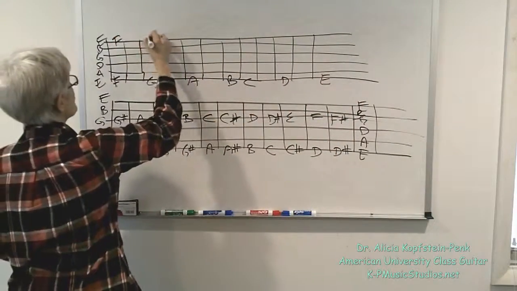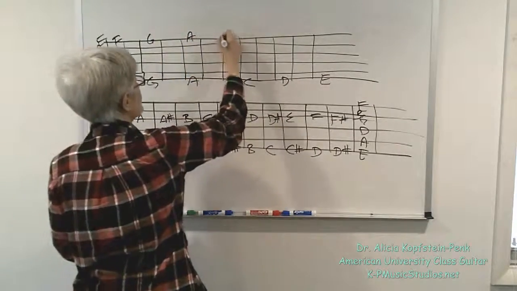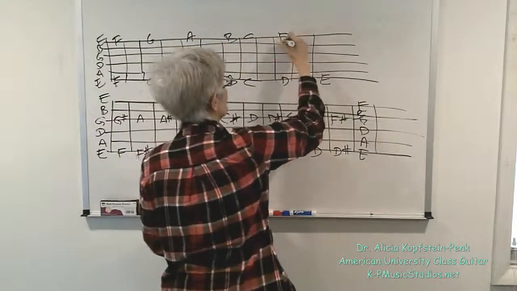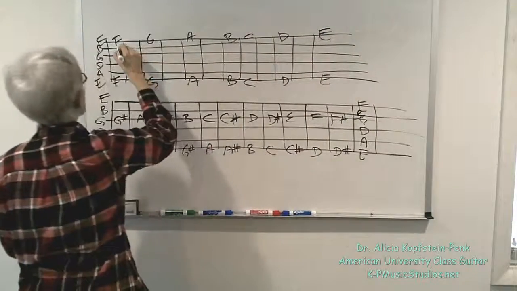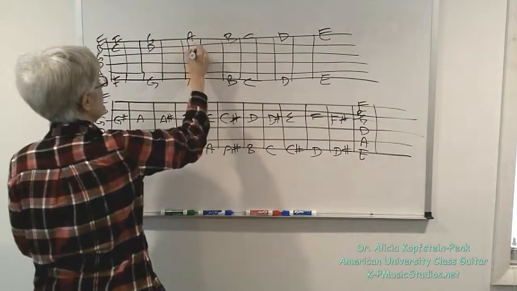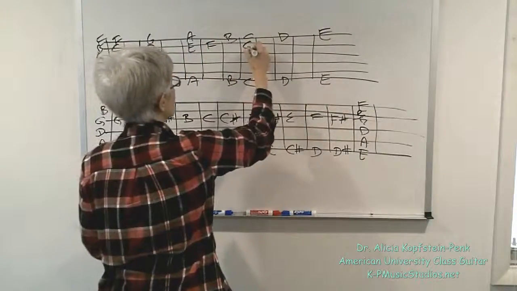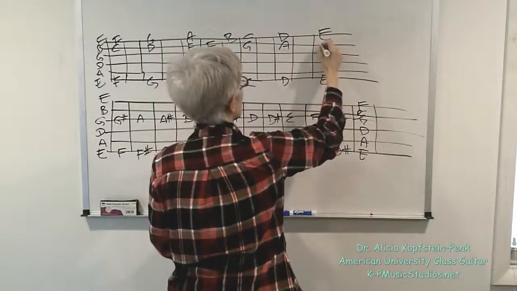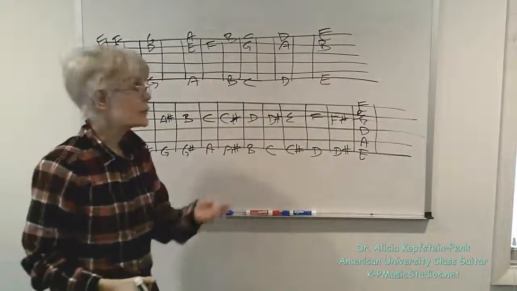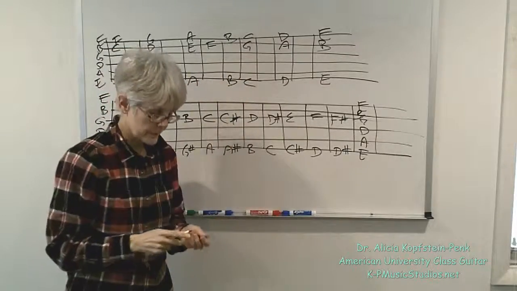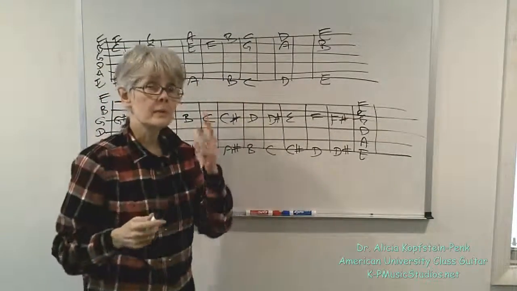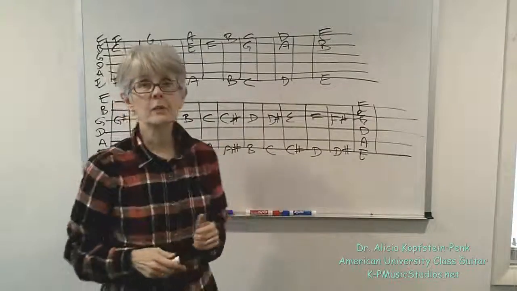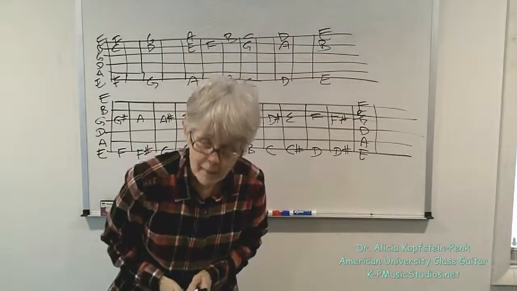So if you do all your strings, you'll begin to find the white notes or the natural notes on the guitar fingerboard. And this will be extremely useful for you as you try to find landmarks on the guitar. So there is a chromatic scale and the guitar fingerboard homework. Happy practicing!